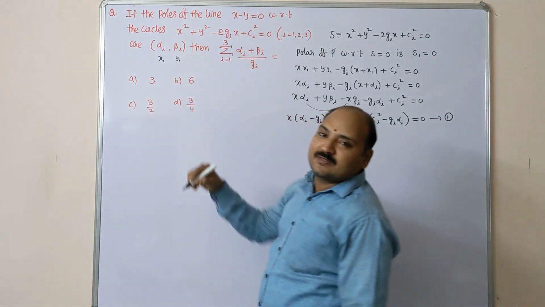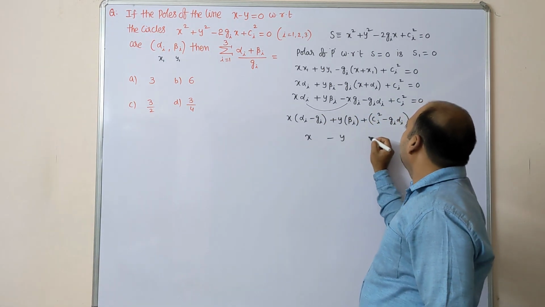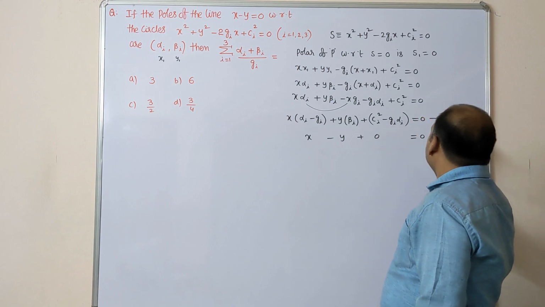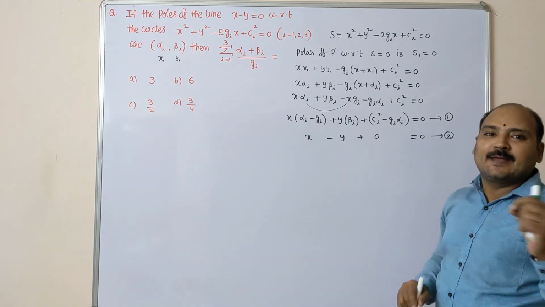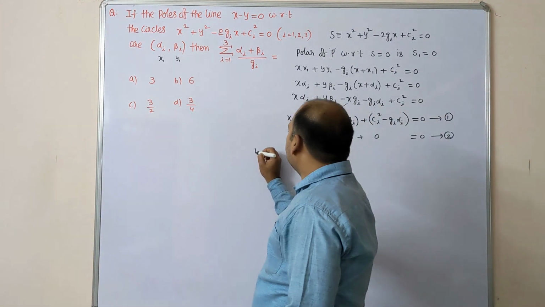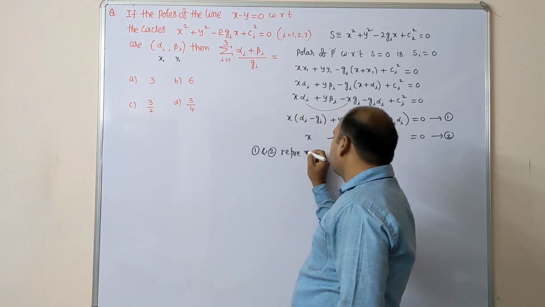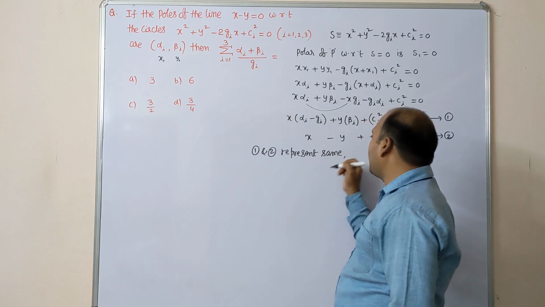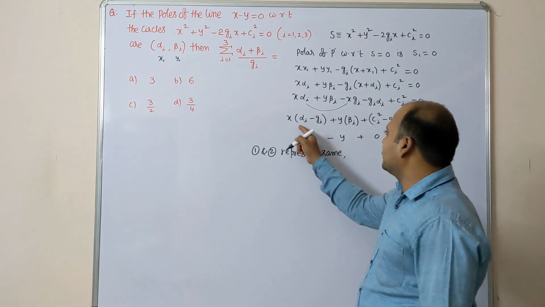It is compared with x minus y. So x minus y plus 0 equal to 0. This is also the polar equation. The two lines are representing the same line, so 1 and 2 represent the same. So their x coefficients are proportional, y coefficients are proportional, constants are also proportional.